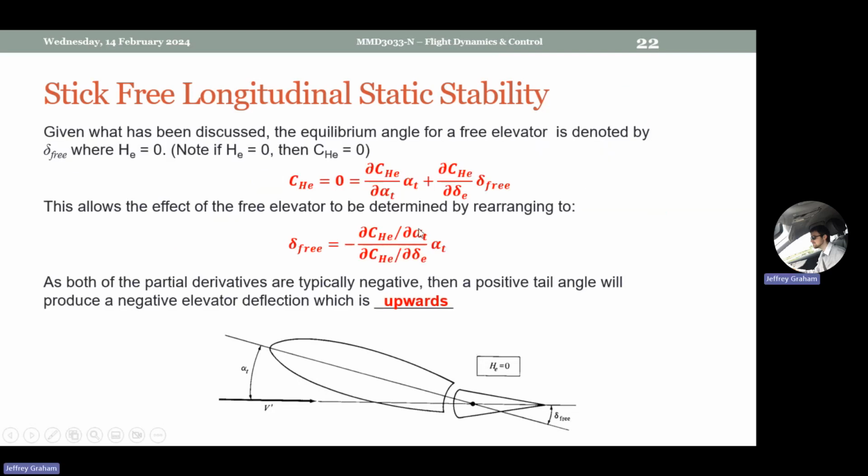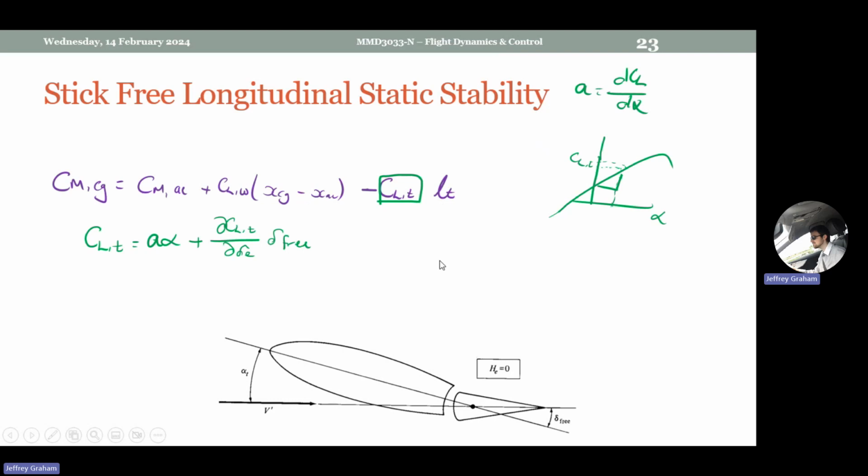So these two hinge gradients, the hinge moment on the angle of attack and the hinge moment of the elevator with respect to the fixed angle, are going to get substituted into here. As I said, a little bit naughty, but it shows us the overall effect of the lift on the tail.